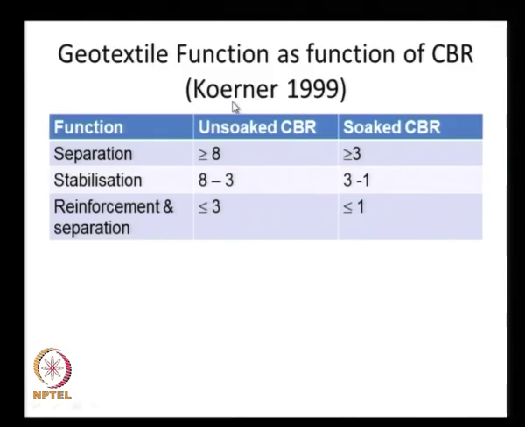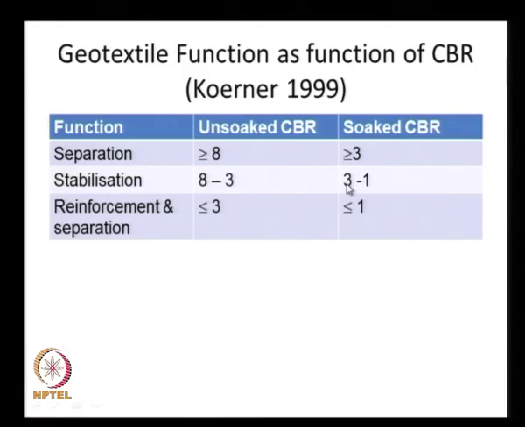Koerner in 1999 in his textbook has very nicely summarized the function of different geosynthetics based on the CBR values. So, when the soaked CBR of the subgrade soil is greater than 3, we need a geosynthetic or a geotextile only as a separator. You may not require much for reinforcement function because the strength is sufficient.